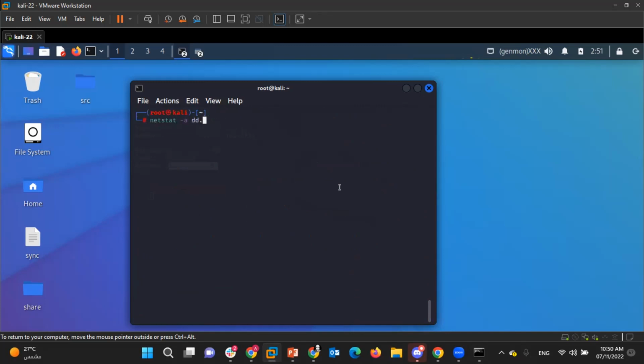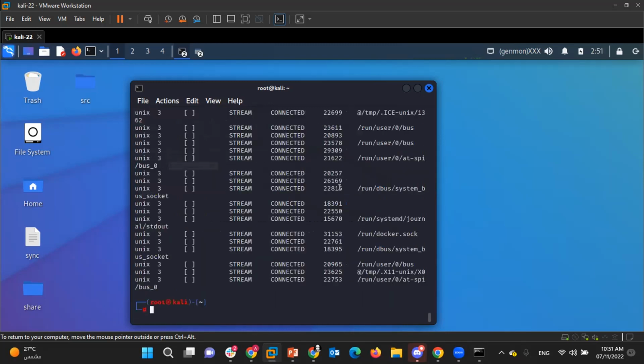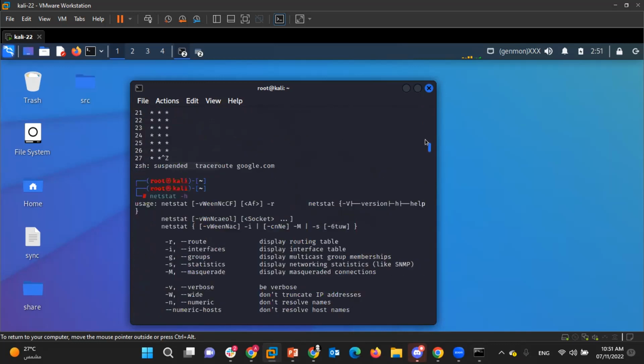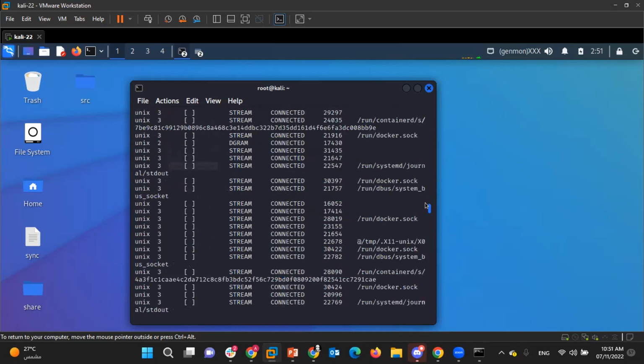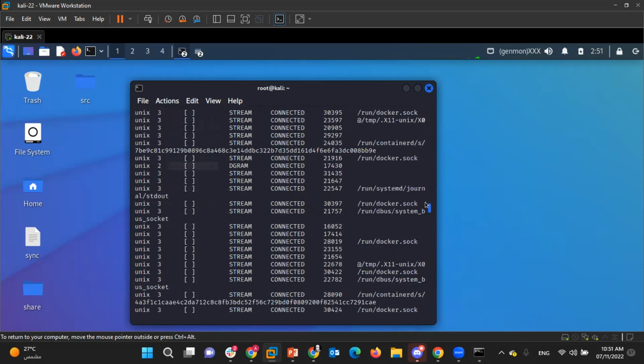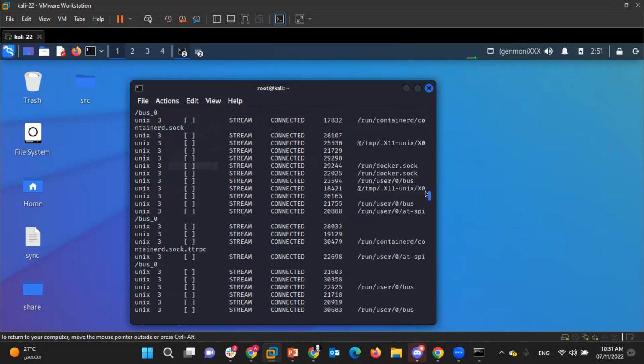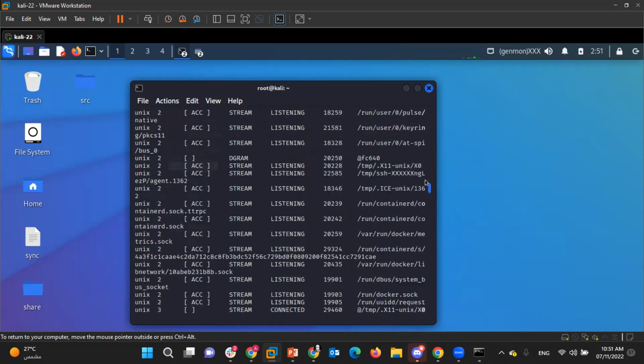Let us try port 20. If it will work, I'm not sure. Connected program.